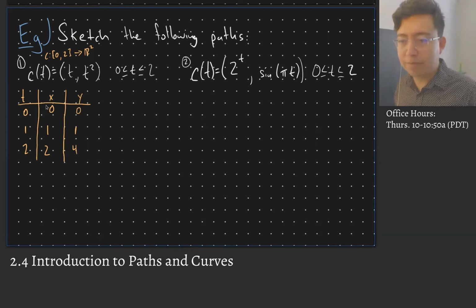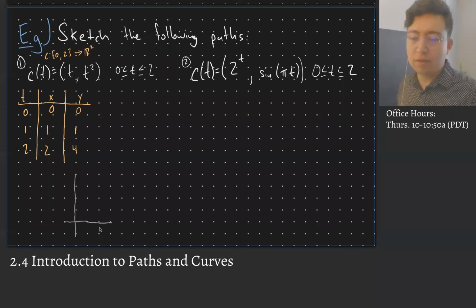With this table? Well, we treat the x and y's as ordered pairs, right? So I'm going to set up a coordinate grid here. And we're going to start sketching some of this.